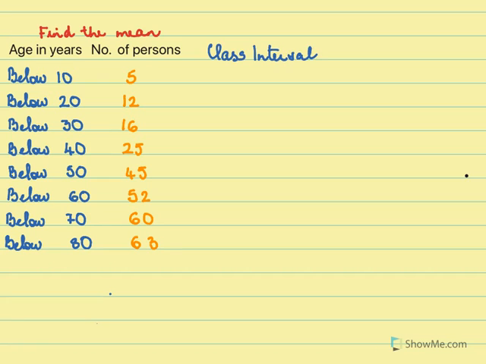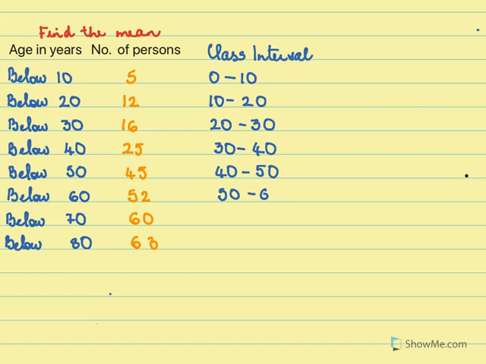If you very carefully watch, here you have 10, 20, 30, 40, 50, 60, 70, 80. So there is a difference of 10. So our class intervals will be 0 to 10, the second one will be 10 to 20, 20 to 30, 30 to 40, 40 to 50, 50 to 60, 60 to 70, 70 to 80.